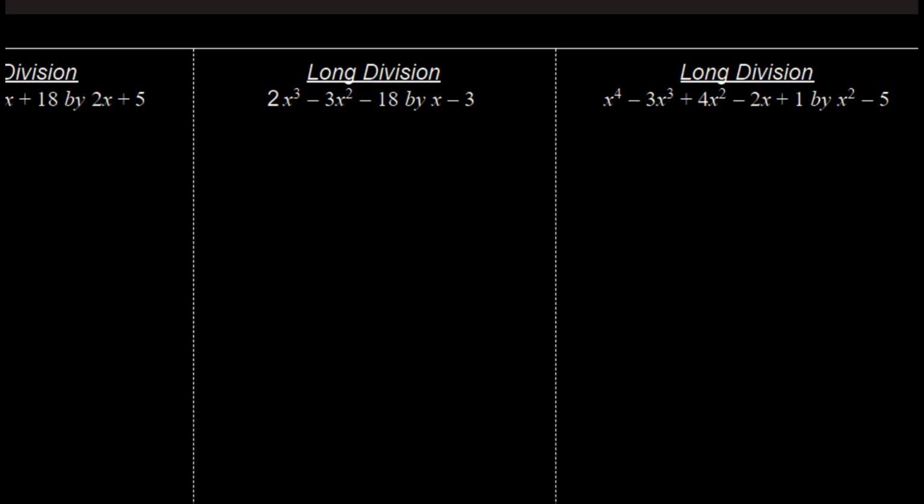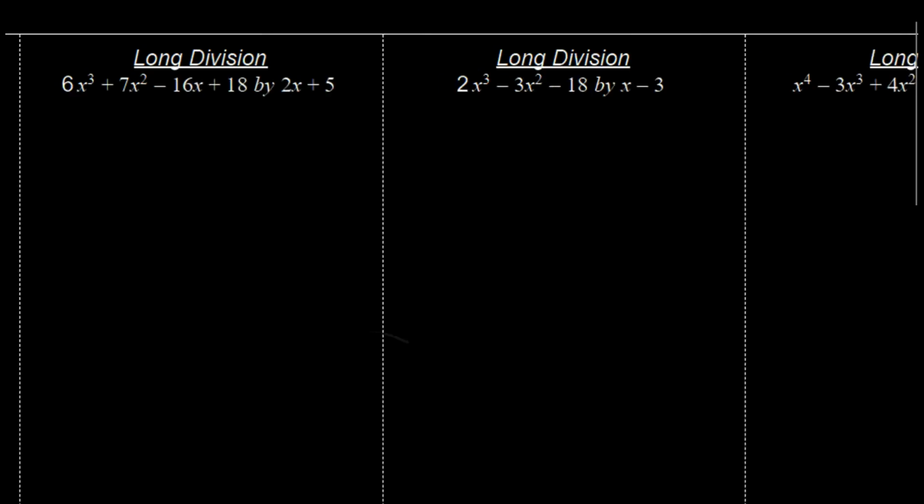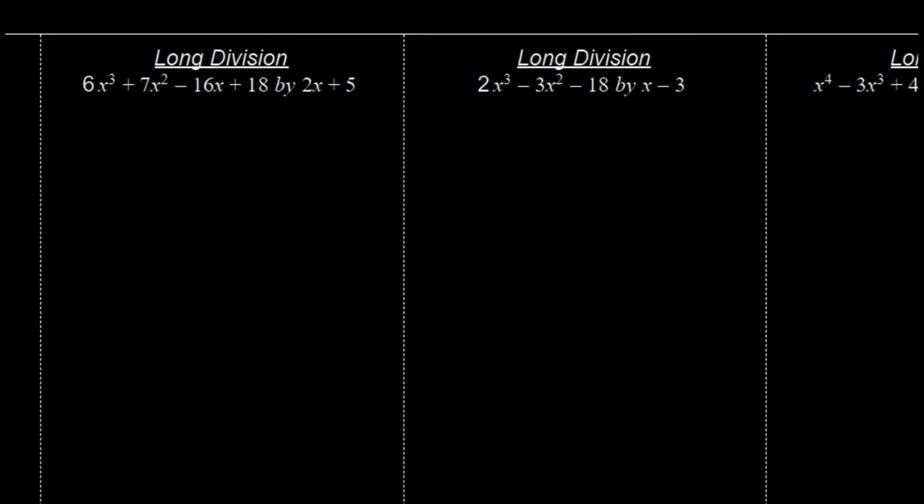So on this third long division problem up top, what is different about this long division problem versus the homework problem, the one right before it? The numbers. Okay, what else? It goes from 2x cubed to 2x squared.